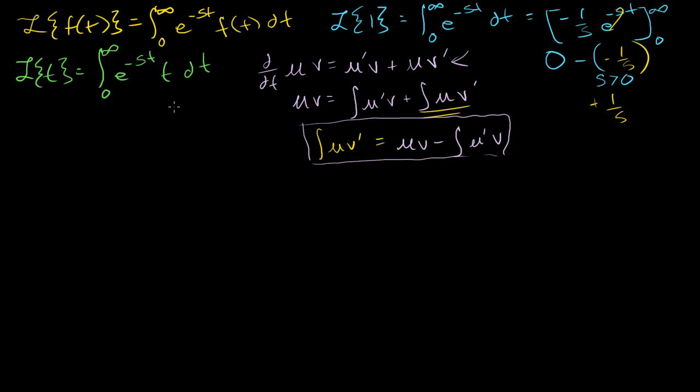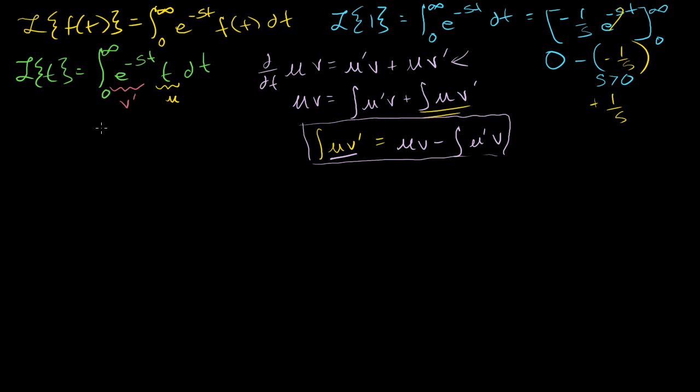So if we're going to do integration by parts, it's good to define our v prime to be something it's easy to take the antiderivative of, because we're going to have to figure out v later on. And it's good to take u to be something that's easy to take the derivative of. So let's make t equal to our u, and let's make e to the minus st our v prime.